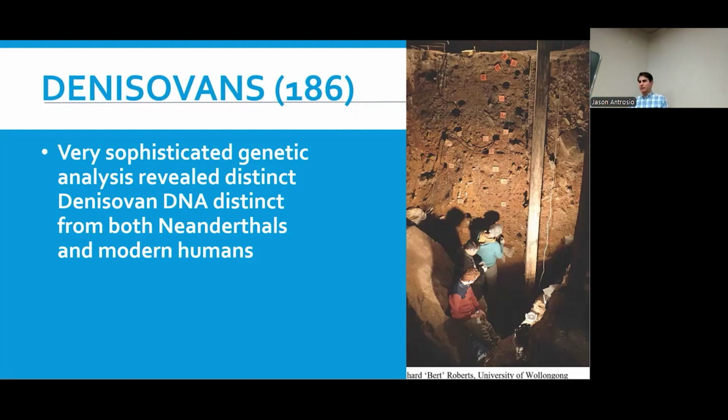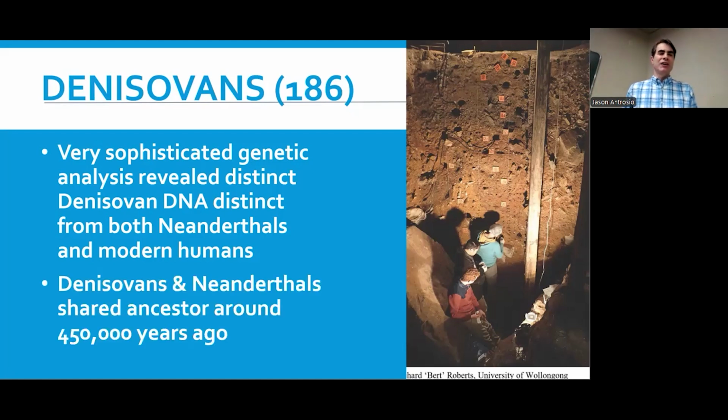Again, it took some very sophisticated genetic evidence to figure this out, but they seem to be a related species to the Neanderthals, but they are not exactly the same. And they seem to have lived mostly on the eastern part of the range, so mostly in the Asian area. There is not a lot of archaeological evidence for the Denisovans. Most of what we have is mainly from the genetics.